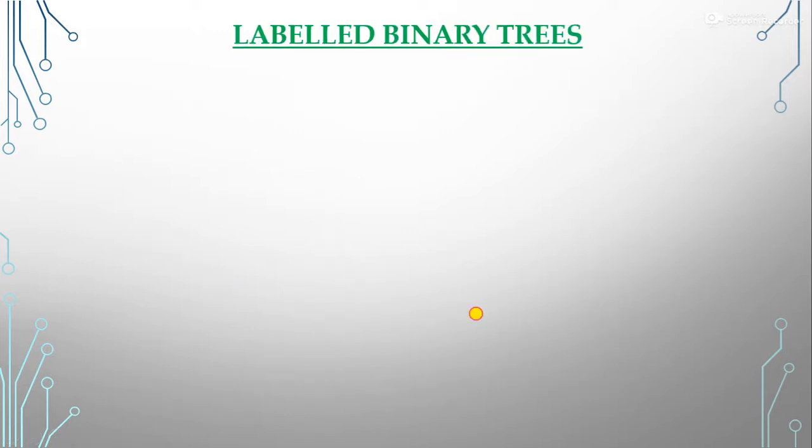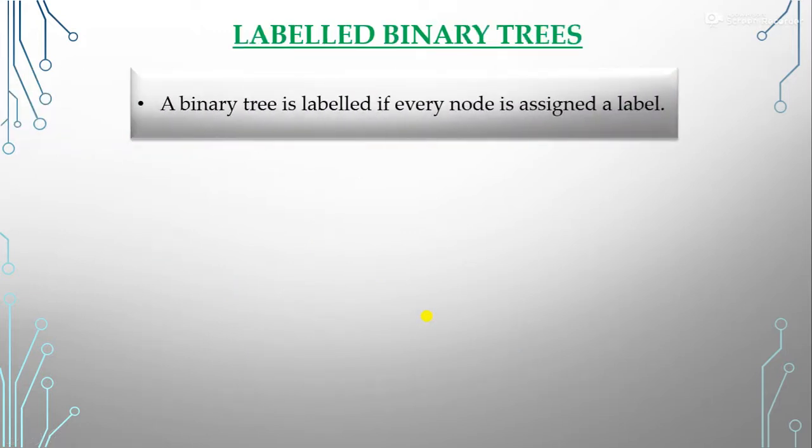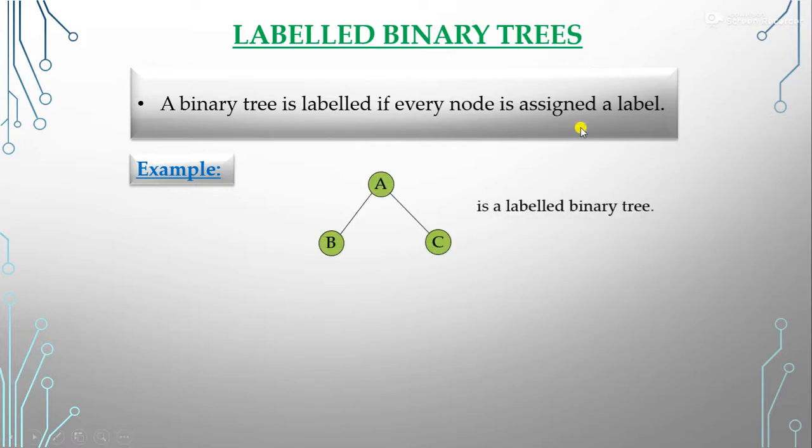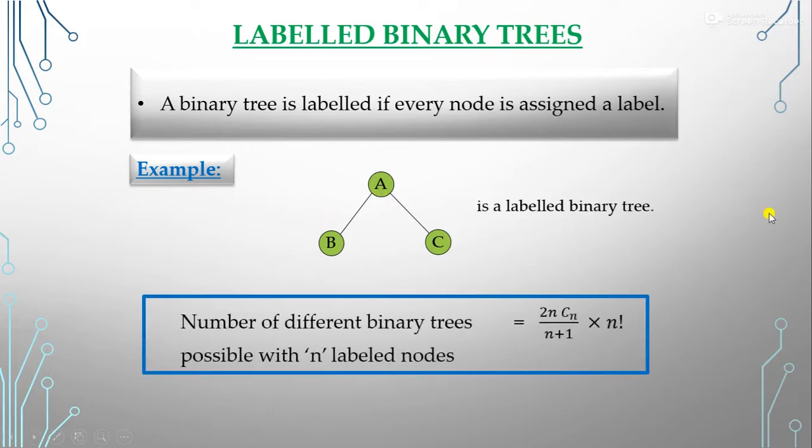Now labeled binary trees. What are labeled binary trees? A binary tree is labeled if every node is assigned a label. If this is our 3-node tree and we assign the node names A, B, C, then this is called a labeled binary tree.